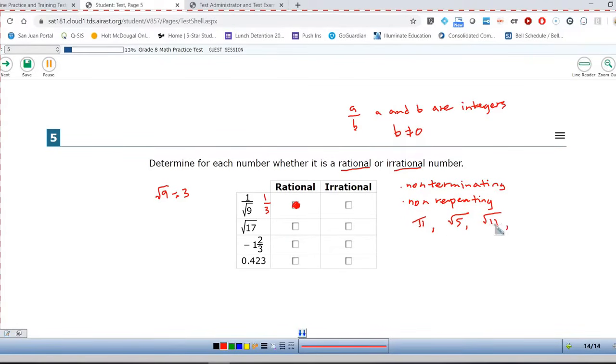All right, square root of 17, that's what I was just talking about. It is a square root of a number that is not a perfect square. Those are always going to be irrational. All right, let's take a look at -1 and 2/3.